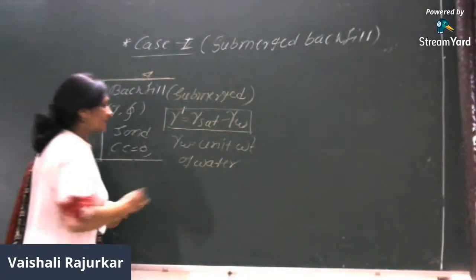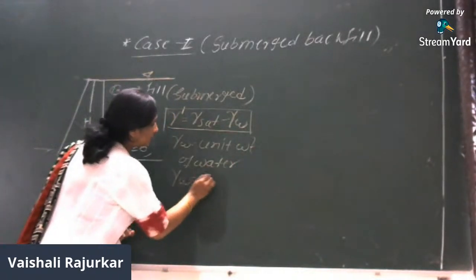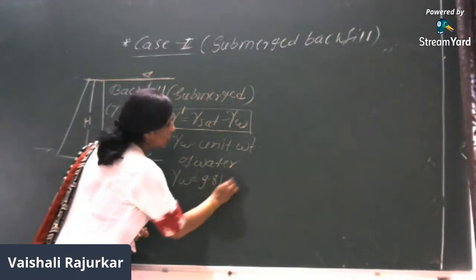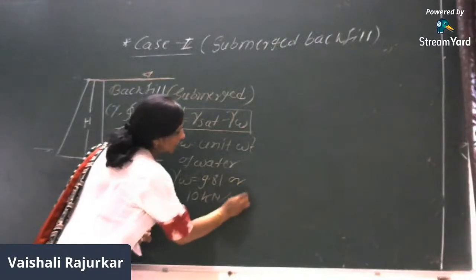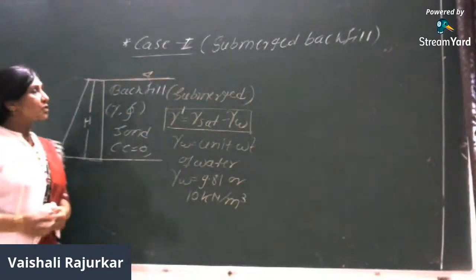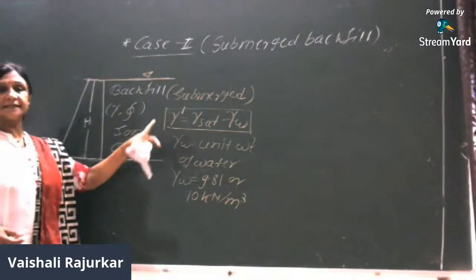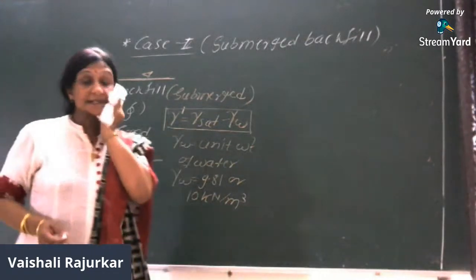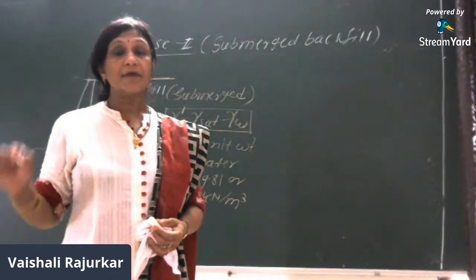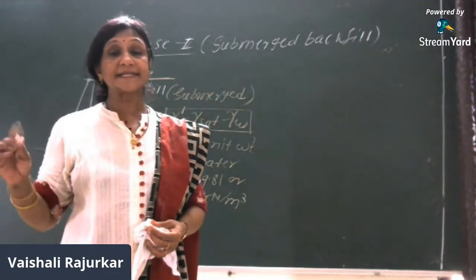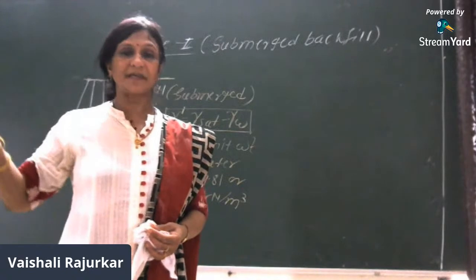The unit weight of water is generally taken as 9.81, or generally it is assumed as 10 kilonewton per meter cube. Right? So the soil is in a submerged condition. This condition is considered a critical worst condition where pressure increases to double or it may be triple.